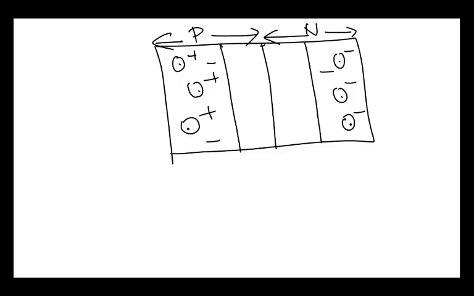And these are minority carriers, which are electrons. These are minority carriers, which are holes. Now this is the space charge region, and these are ions.